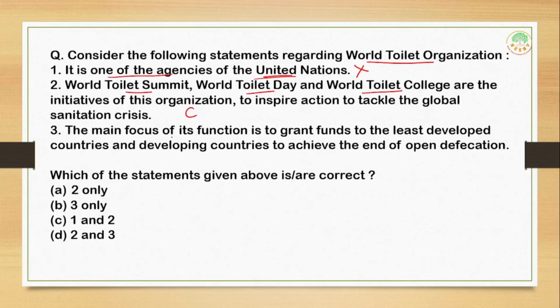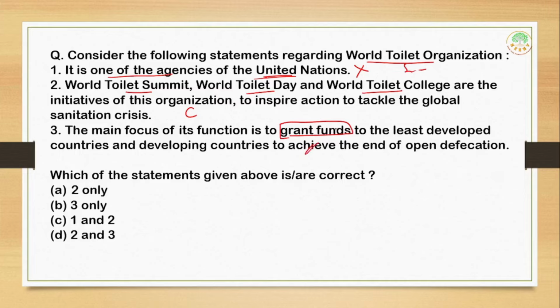And the main focus of its function is to grant funds to the least developed countries and the developing countries. Here one has to be very careful, because by just a cursory glance we think yes, when this organization is working towards sanitation, obviously as a global organization it will be granting funds.